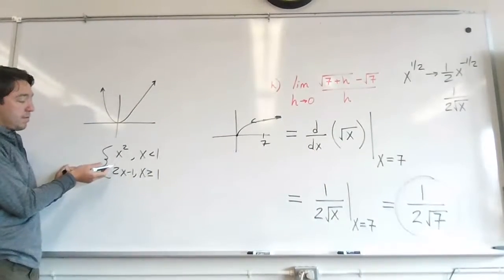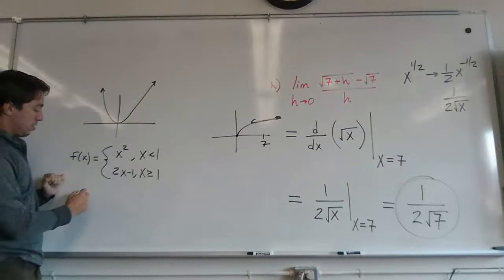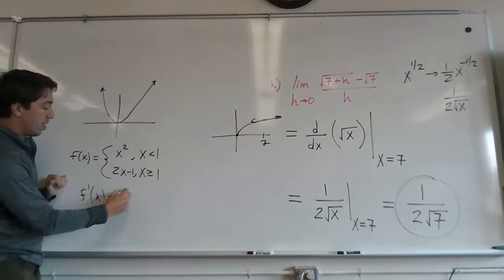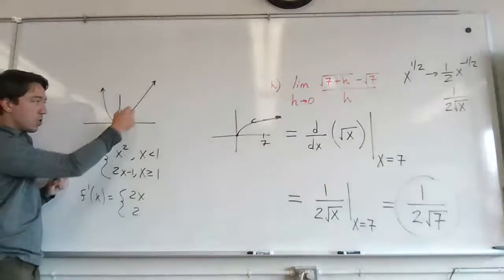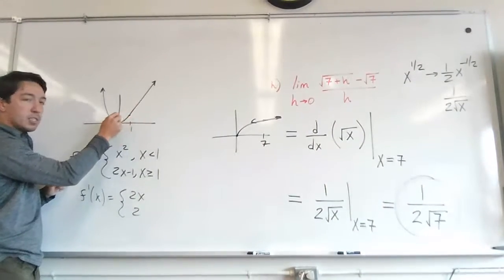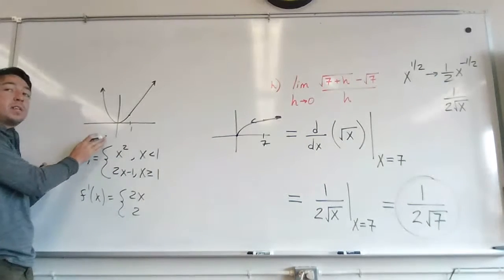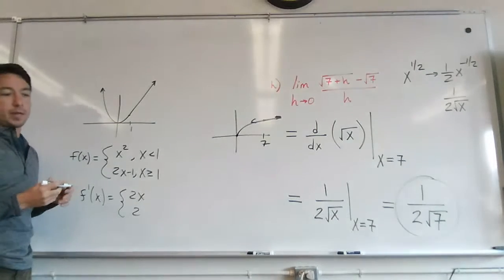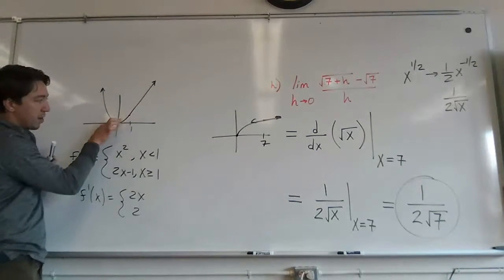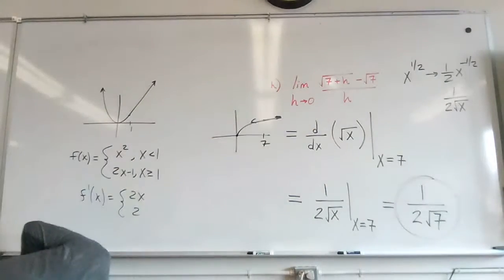This function, think about the derivative: this is f, the derivative would be 2x and 2. And so you can see the slope where it transitions is 2 and 2. Does that make sense? So this function would be continuous and differentiable everywhere. That's the only way you can make that work, is if you have a nice transition where the slopes are equal at that x value.